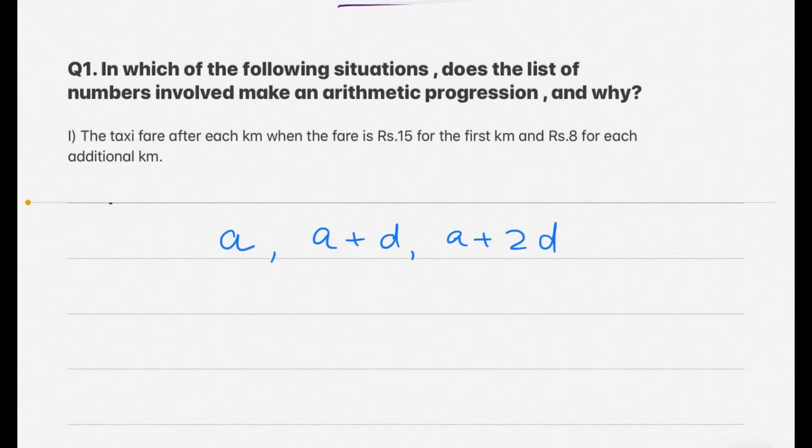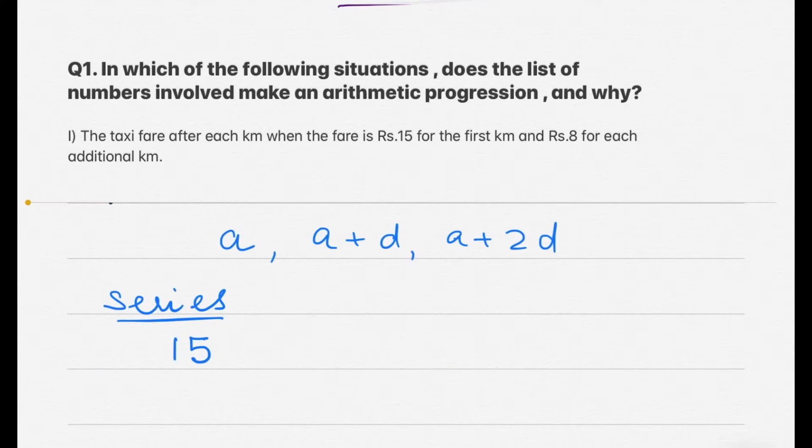The first part says the taxi fare after each kilometer, when the fare is rupees 15 for the first kilometer. That means my first term will be rupees 15, because it is for the first kilometer. Now this is my series, I wouldn't say AP because I have not proved it yet.